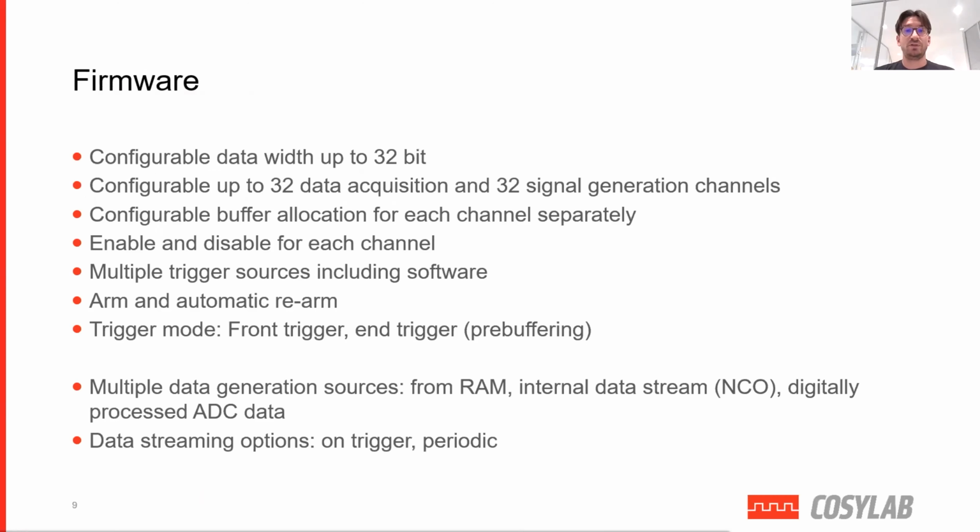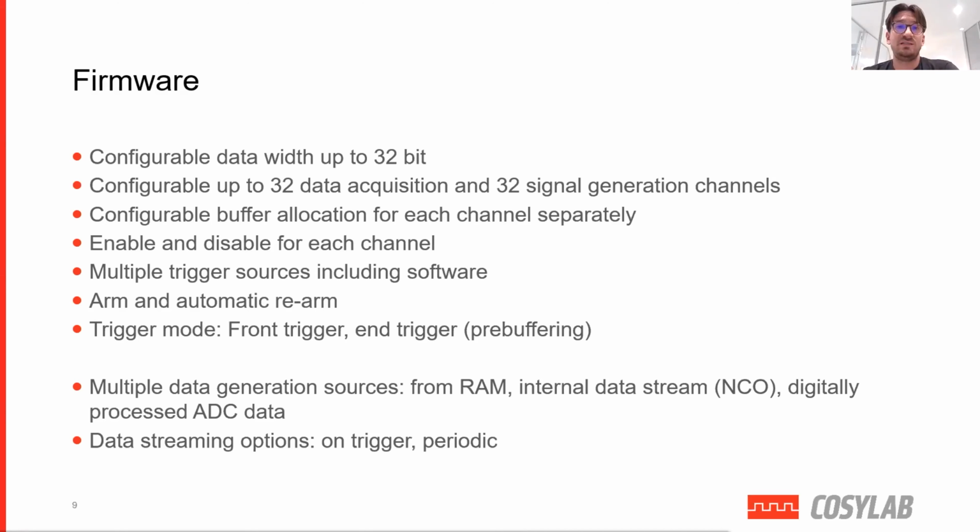So about the firmware, the firmware is generic and has a configurable data width of samples up to 32 bits. The amount of input and output channels is also configurable, and it's capped at 32 channels for each of the inputs and outputs. Each channel has a configurable internal buffer, which allows us to optimize RAM usage on the card.